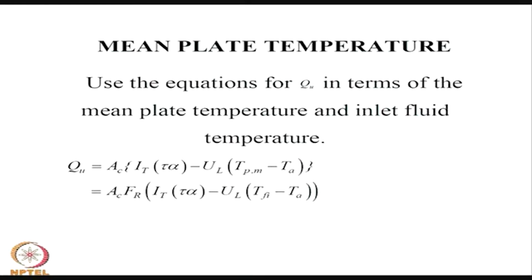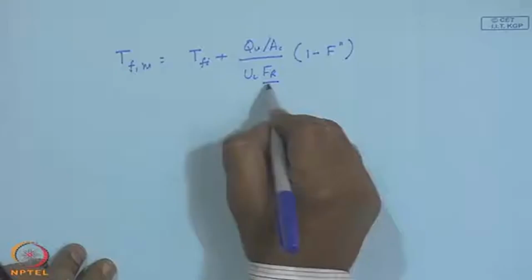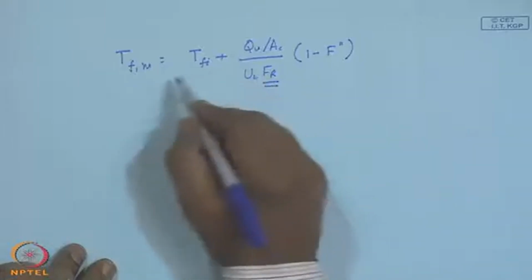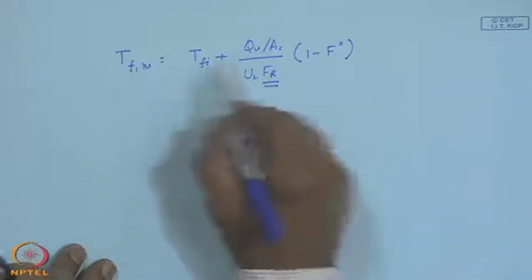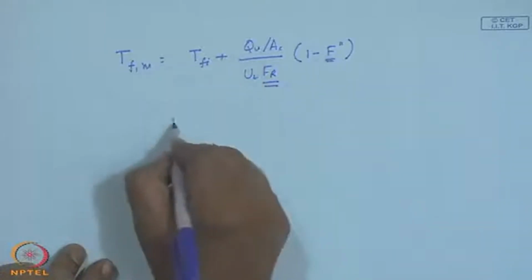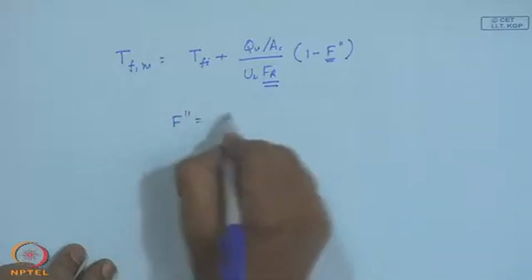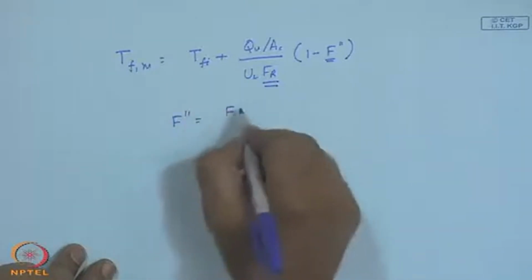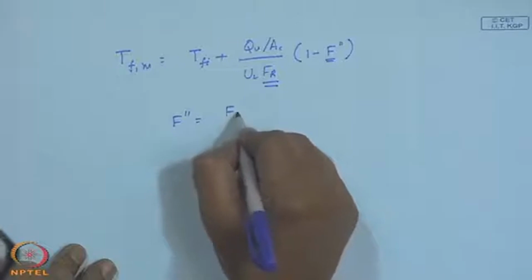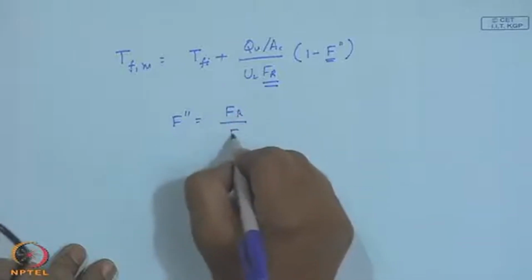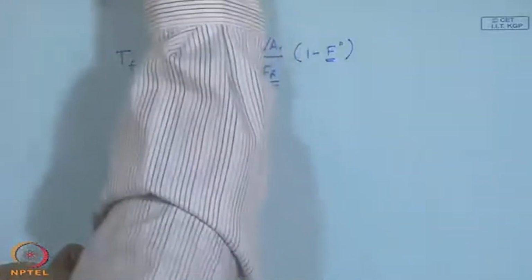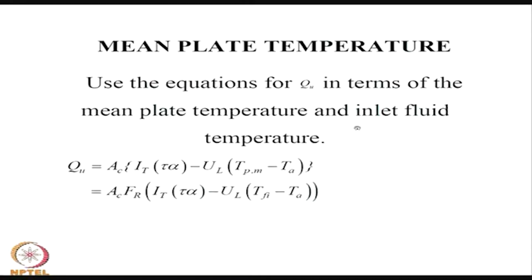This F double prime is a flow factor. We will come to it a little later again. So, if you know your F r, you can find out mean fluid temperature in terms of the flow factor defined as F r by F dashed. That is for convenience to write it in that particular fashion.